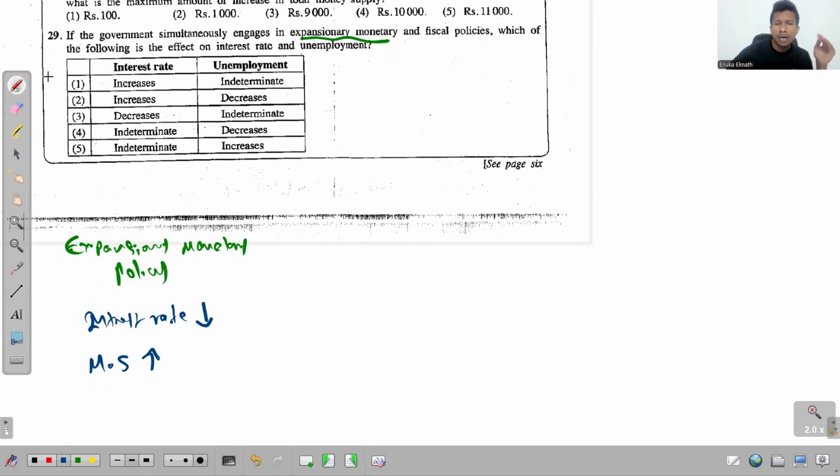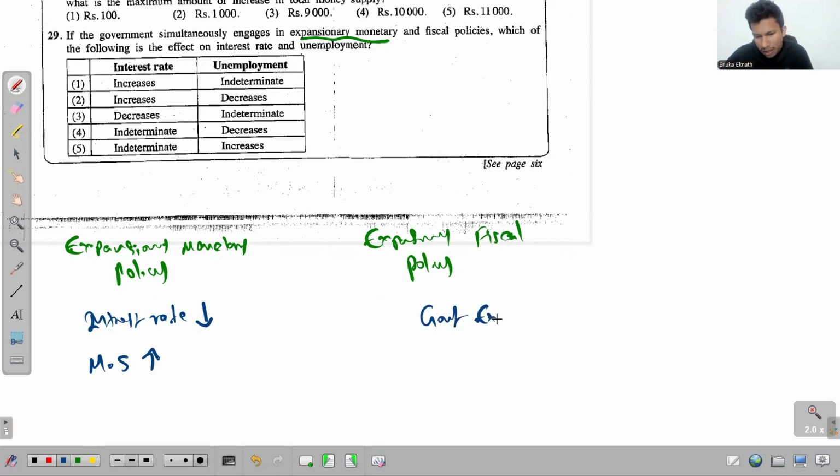And then on the other side, what do they say? There's an expansionary fiscal policy as well, right? Expansionary fiscal policy. So when the fiscal policy is expansionary in nature, what will happen? Government spending will be really high, right? So let me write expenditure.